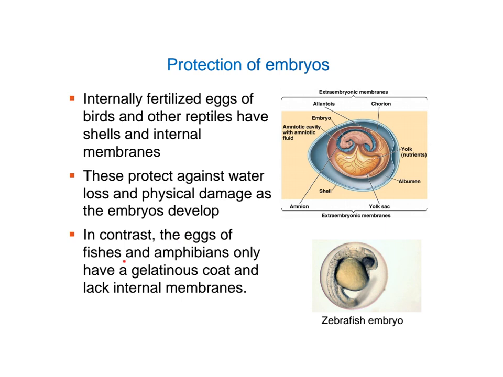In contrast, the eggs of fishes and amphibians only have a gelatinous coat, and they lack these internal membranes. So they're generally much simpler eggs. And rather than producing just a few eggs, a zebrafish, for example, would generate maybe 300 eggs at a time. So again, there's more investment per individual zygote for animals on land.